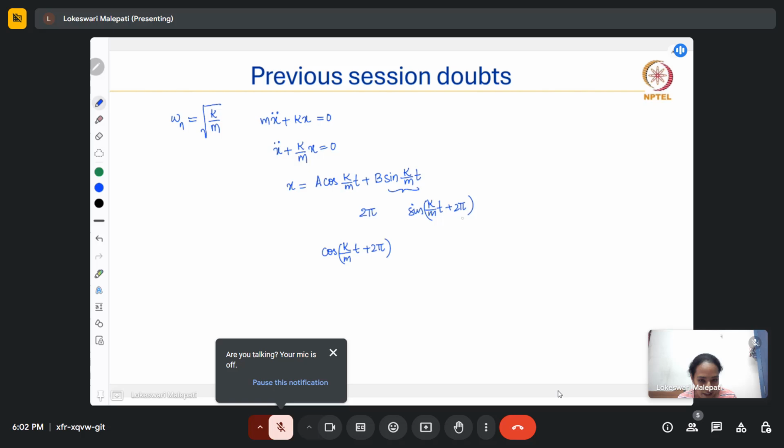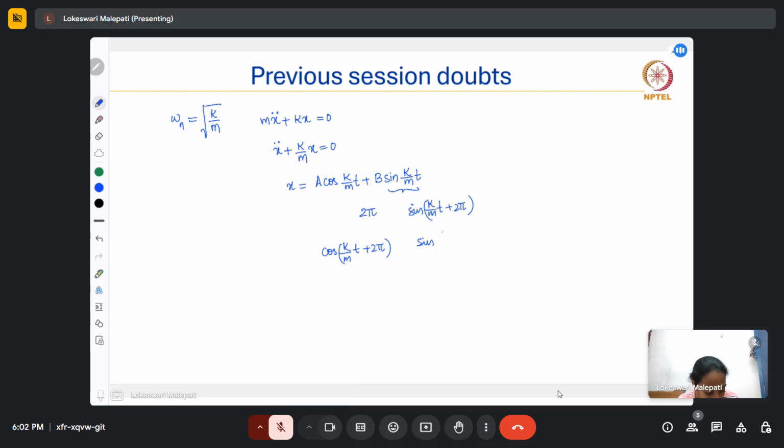But we want to express this in terms of time. For that, we just take out k by m common: t plus 2 pi by root k by m. I think we are going to have a square root here, right?